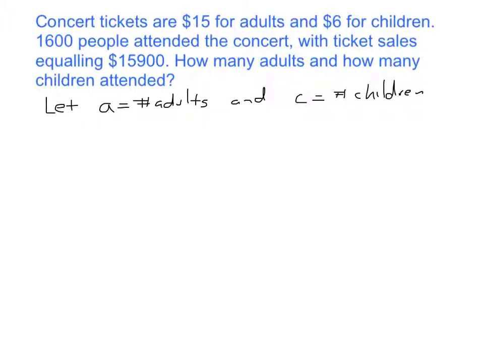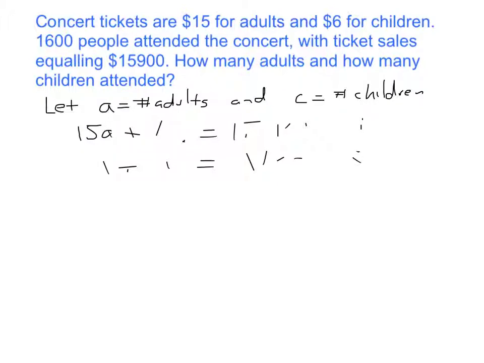So for my question, $15 for adults, so 15A, plus $6 for children, so 6C, equals 15,900. And that's going to be my first equation. The second equation is the number of adults plus the number of children is equal to 1,600.